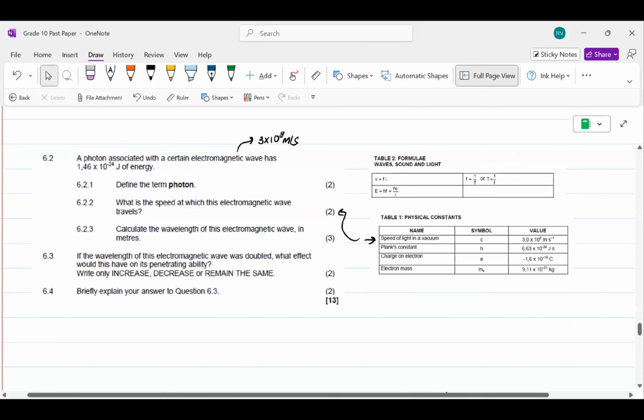Then they say, calculate the wavelength of this electromagnetic wave. So this is 3 times 10 to the power of 8 meters per second. So I want you guys to tell me, what is the wavelength of this electromagnetic wave in meters? We have the energy, we have the speed that it travels at. I want the wavelength of this particle.